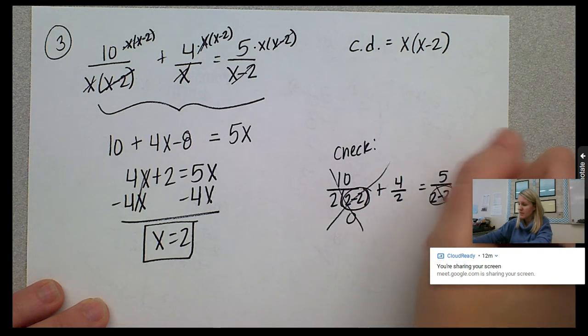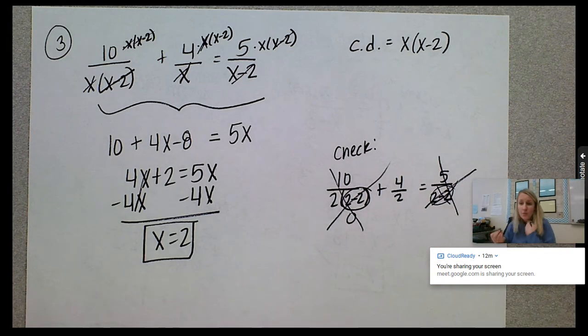Remember how we wrote those restrictions before? That's kind of what we're saying. This is a restricted answer because when I plug it back in, it gives me a 0 in the denominator. So when I checked it, since it's a big hot mess, and we never want zeros in the denominator, we would say this is an extraneous solution.